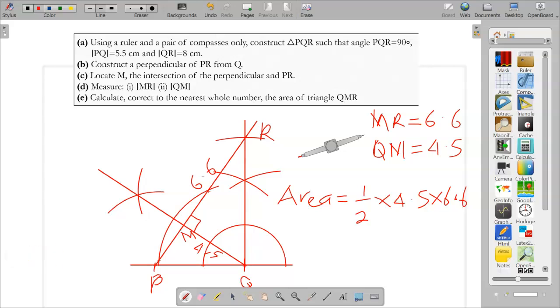Okay, so if you take your time and do 4.5 times 6.6 and divide everything by 2, you will get 14.85. But the question says we should leave it to the nearest whole number. And so to the nearest whole number, we can say this is approximately 15 centimeters squared, and that is the area of the triangle QMR.